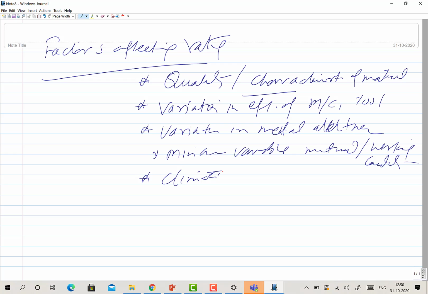So the climatic conditions, lighting, humidity, temperature, etc., all affect the worker's performance, so that will be affecting the rating as well. Okay, so this is about the observed time and performance rating relationship and the factors that affect the rating.